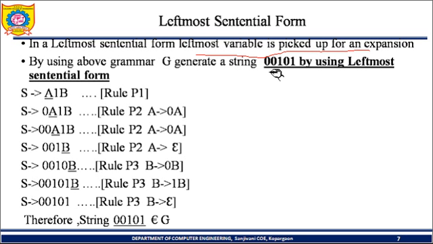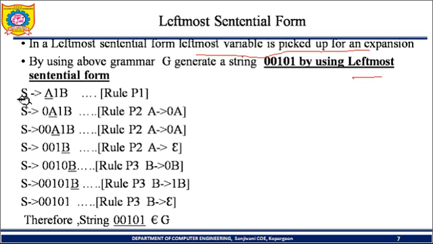By using the above grammar G, generate the string 0 0 1 0 1 by using leftmost. Now we will try to generate the string by using the leftmost sentential form. Every time we need to pick up the leftmost variable to replace.